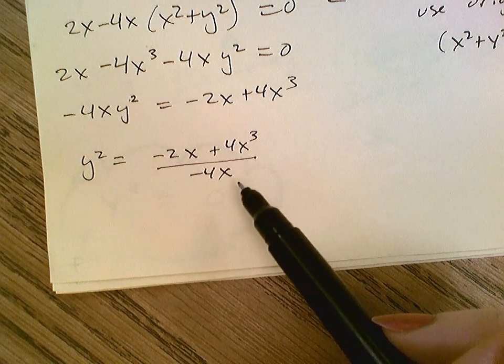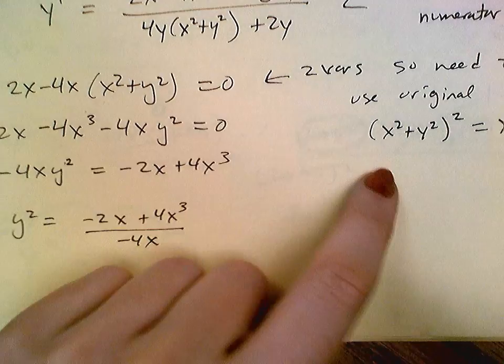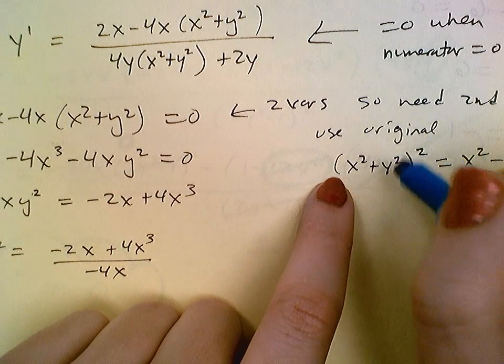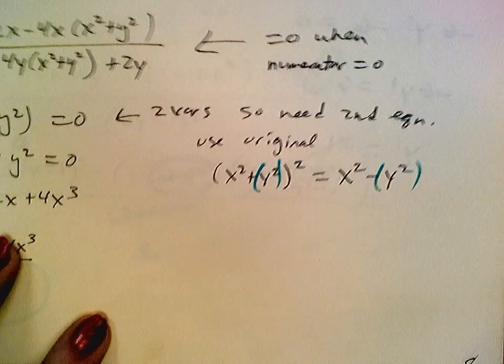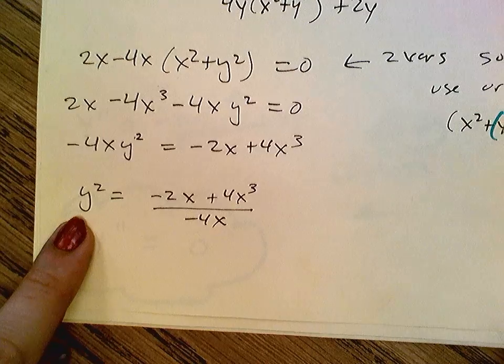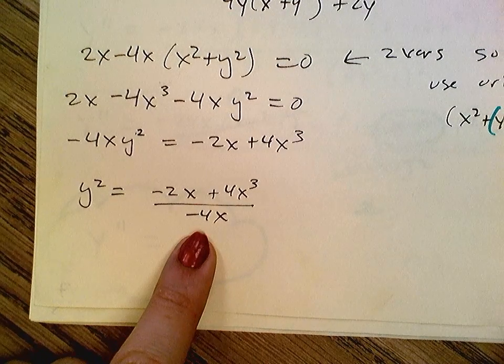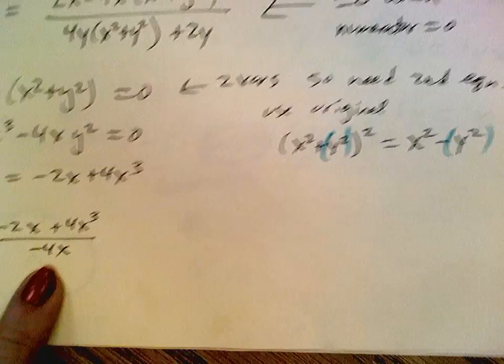Instead of solving for y and then plugging y in, you could just plug in for these y squareds, because you solved for y squared. Wherever you see a y squared up here, you can just plug in this.